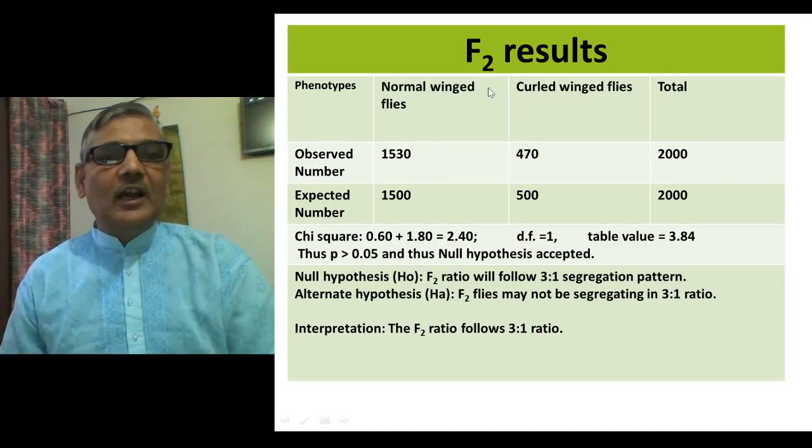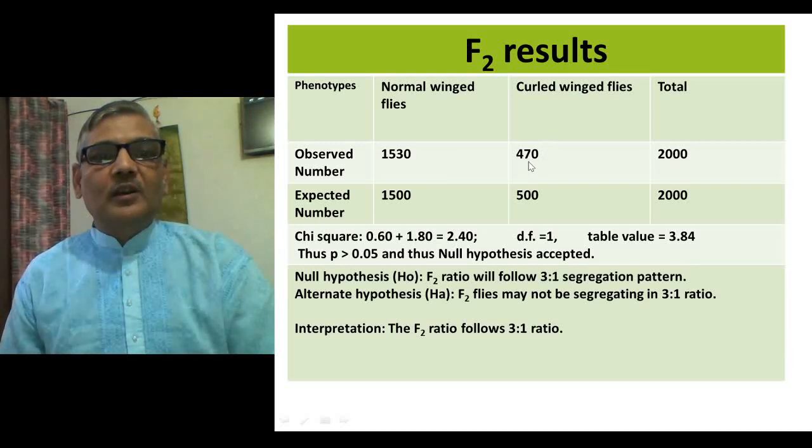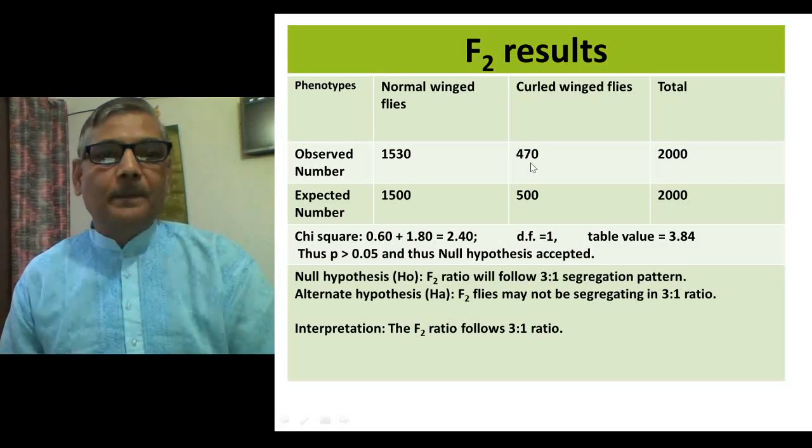You got normal winged flies in number 1530. And then there were curled winged flies. They were 417 in number. If you add up these two, then the total comes to 2000. It means a total of 2000 flies were observed in F2 with the numbers 1530 and 470.